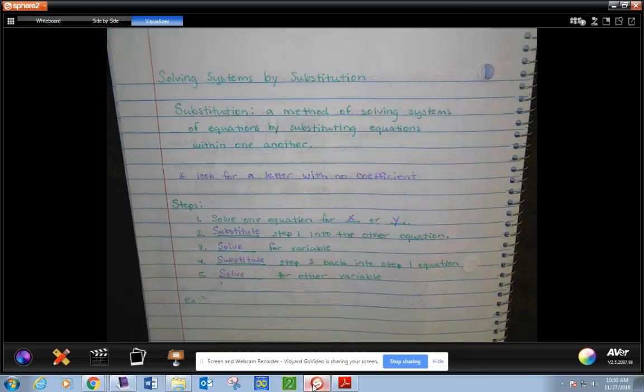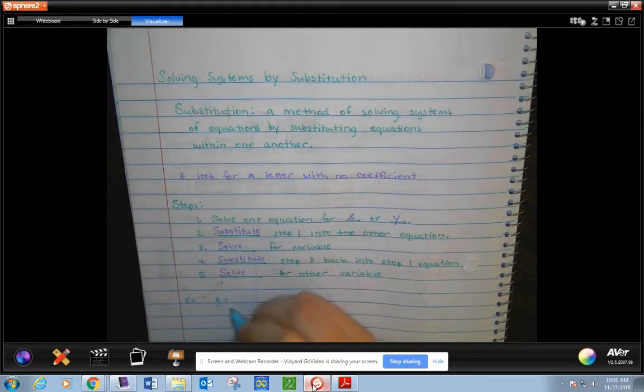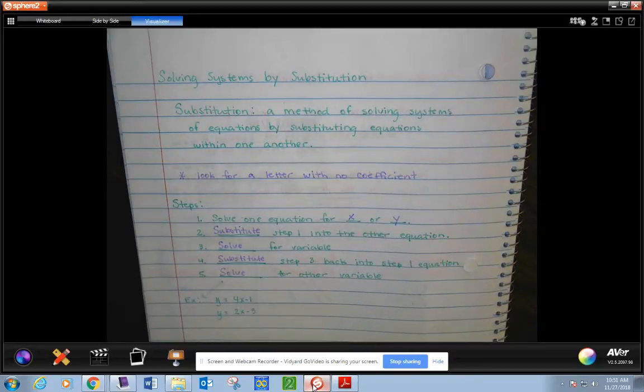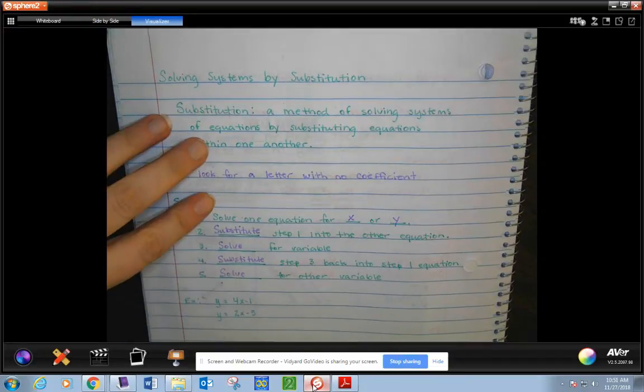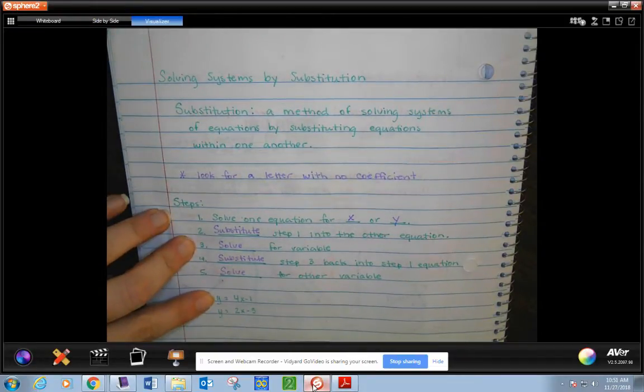For our first example, I'm going to give you the equations y equals 4x minus 1 and y equals 2x minus 5. When you have these two equations, step 1 is to solve for x or y. Well, y is already by itself, so you don't have to worry about isolating anything.